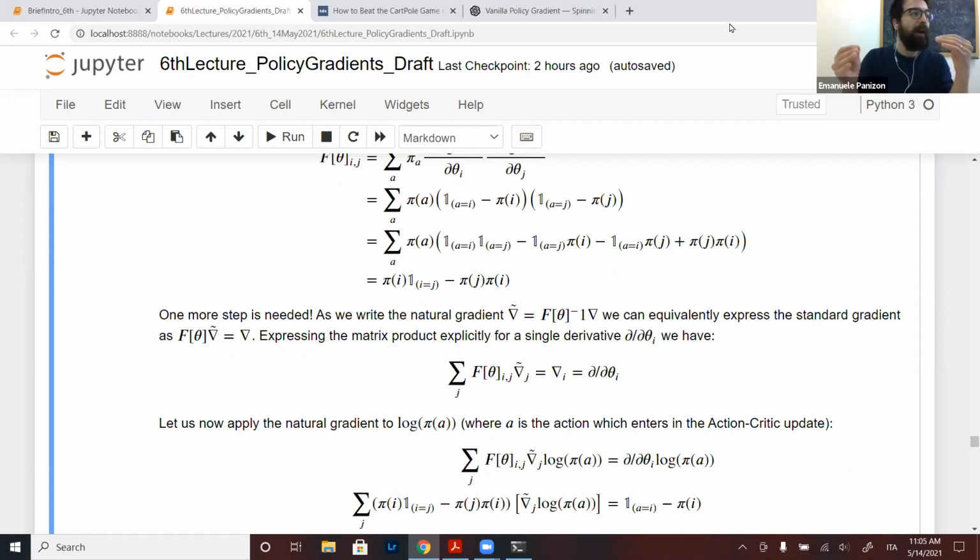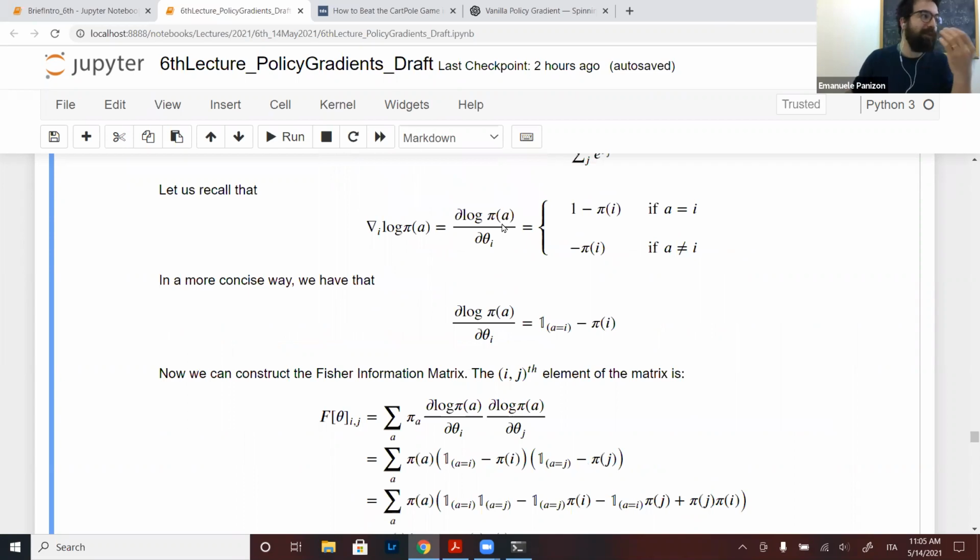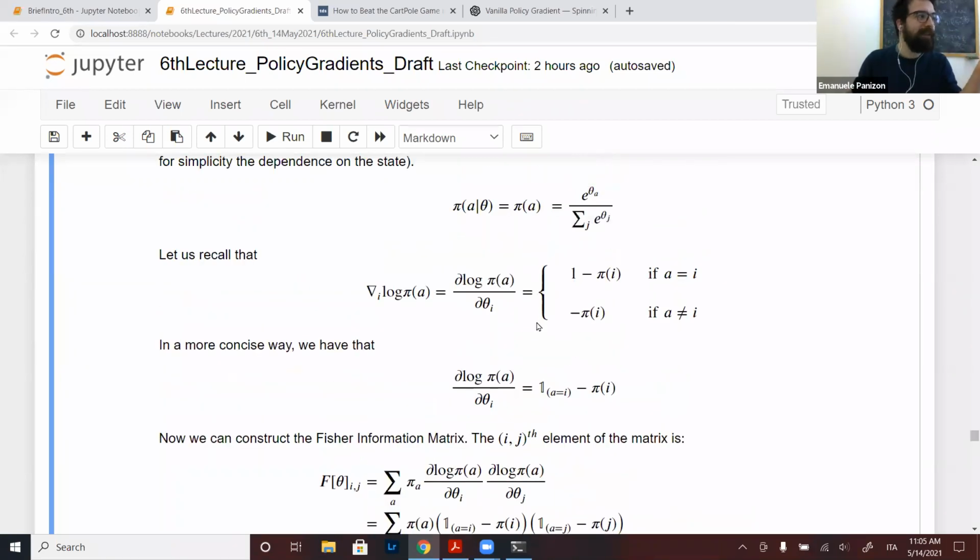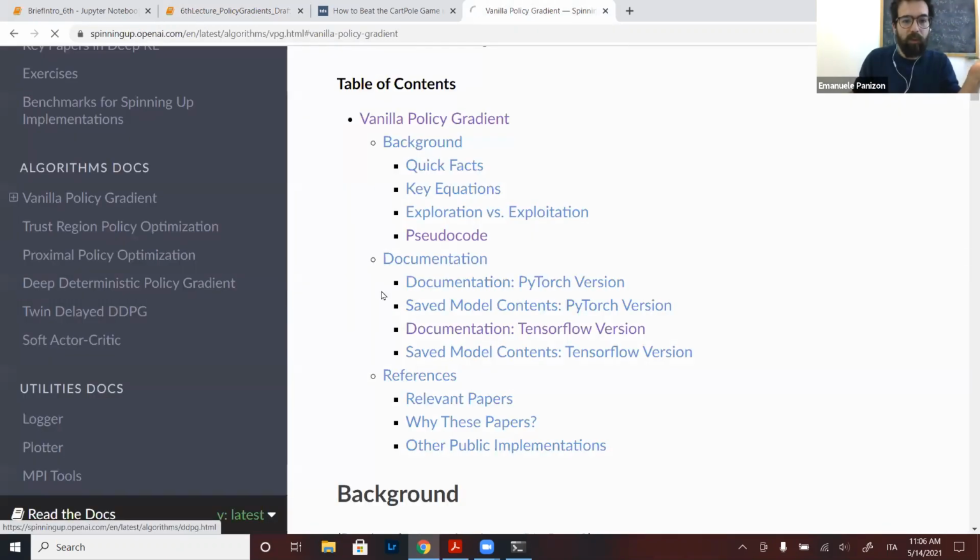Which clearly does not follow the natural gradient, but it says: do whatever you want, but don't move your policy more than 10%. In a sense, it's doing what the Kullback-Leibler distance is doing mathematically, but in a very crude way. So that is a new kind of algorithm. You can find it here in PPO.